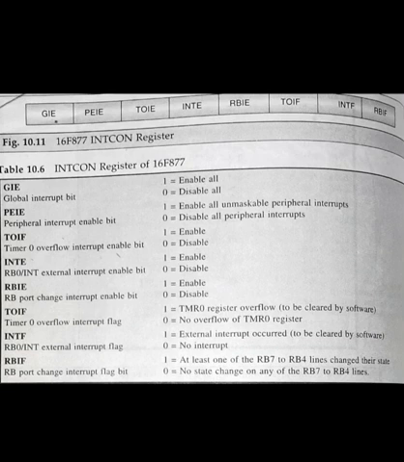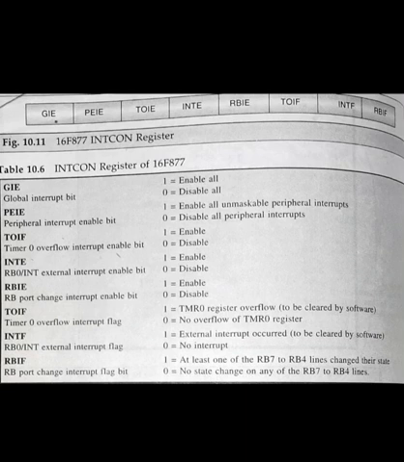The PIE register is shown below in figure number 2. In figure number 1, if the global interrupt enable bit is 1, it enables all interrupts; if it is 0, it disables all. If the peripheral interrupt enable bit is 1, it enables all unmasked peripheral interrupts, and if it is 0, it disables all peripheral interrupts.